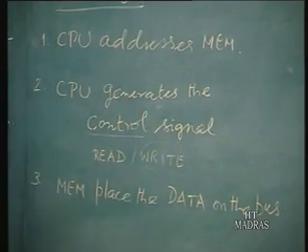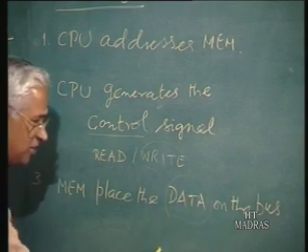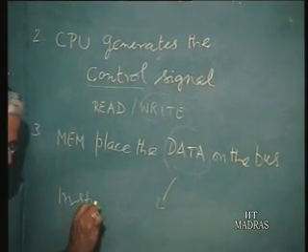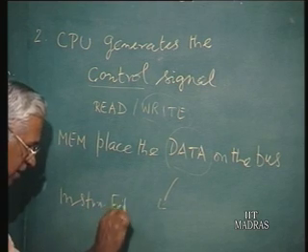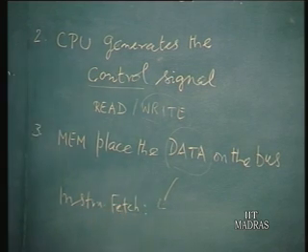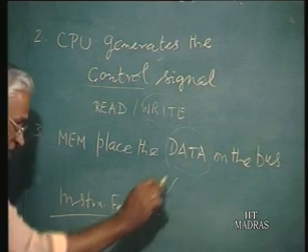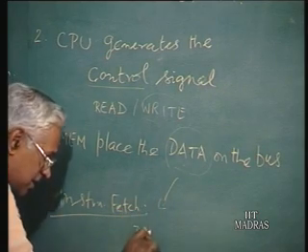And in the case of instruction fetch, which is the first thing in any instruction cycle, what is this data? This data is nothing but one instruction.